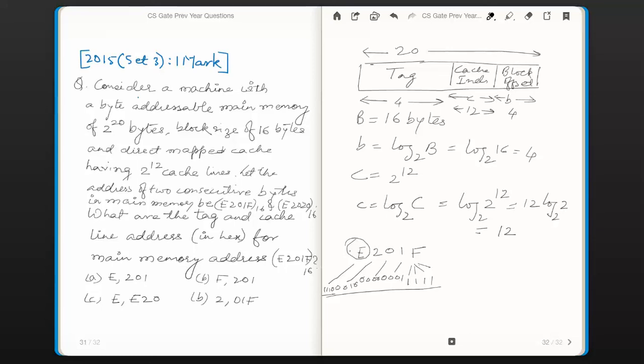So E is the tag and then 201. Each of them, if converted to a 4-bit binary number, gives in total 12 bits. So this 201 forms the cache index part of the main memory address. So 201 would be the value of the cache line address. So this is the correct answer.